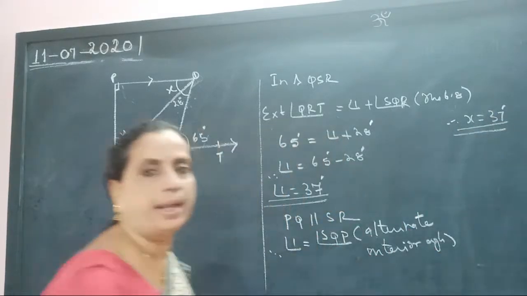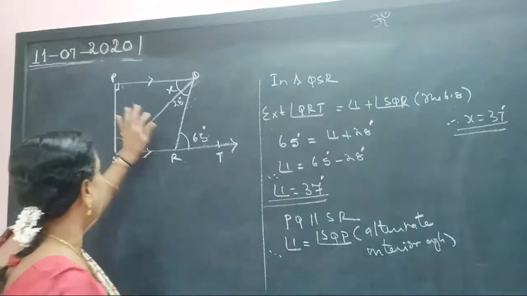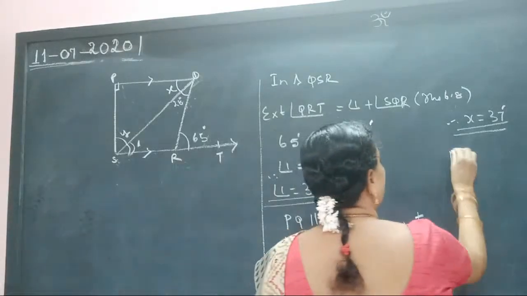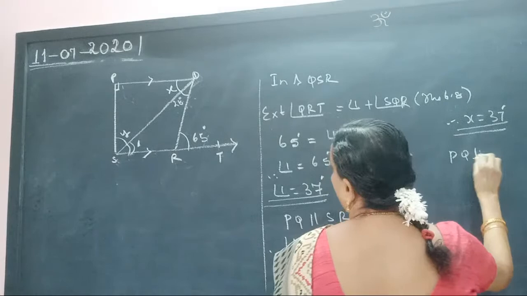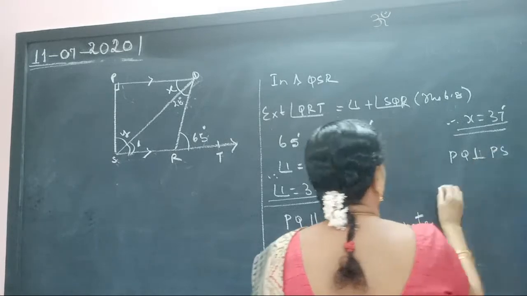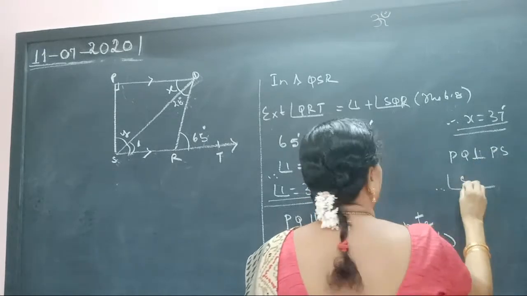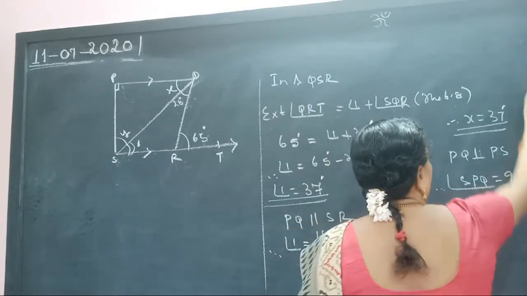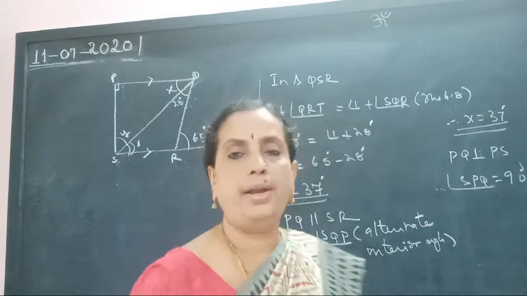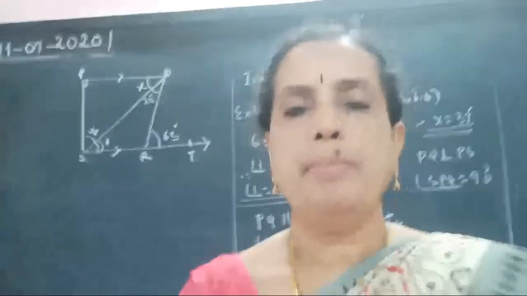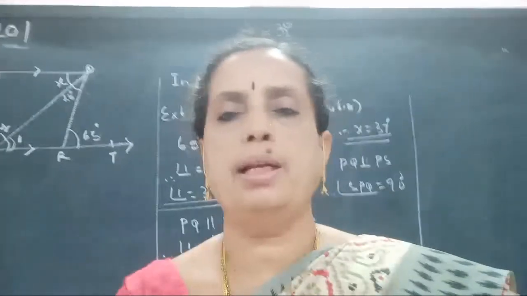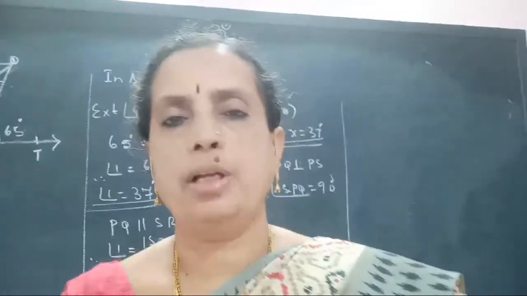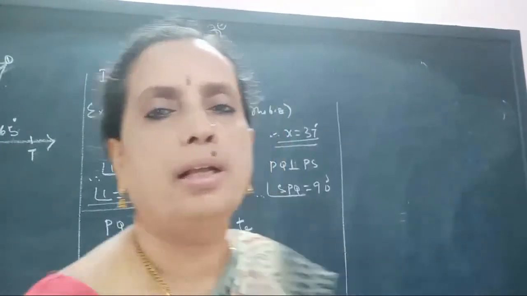So after getting X equals 37 degree, now consider PQ is perpendicular to PS. Therefore, angle SPQ equals 90 degree. So using again the angle sum property, you can calculate the measure of angle Y.